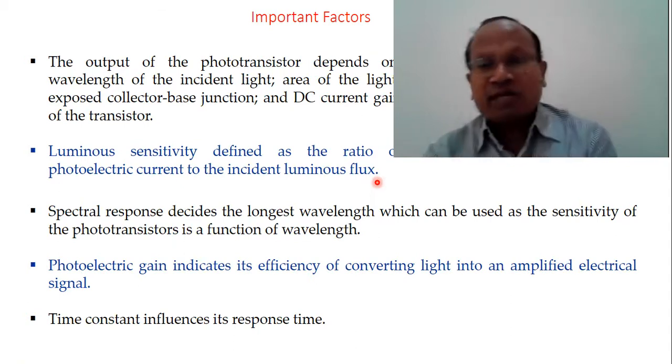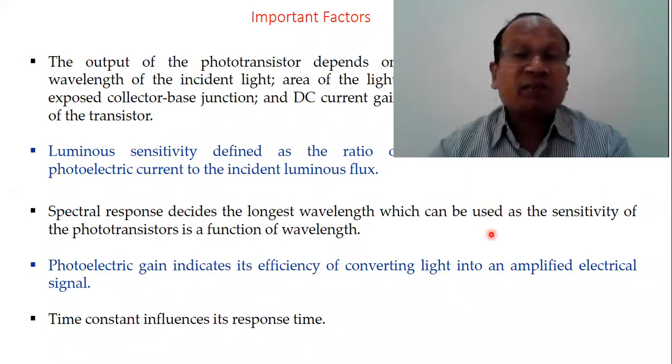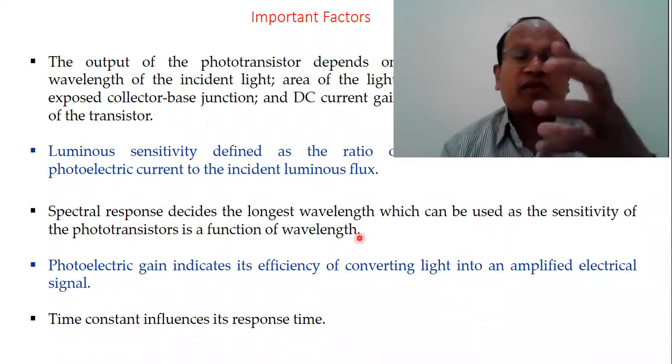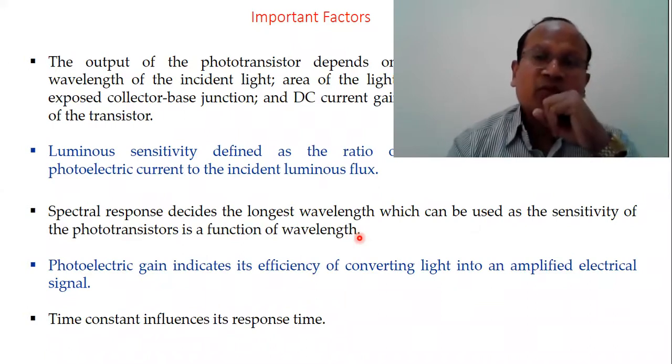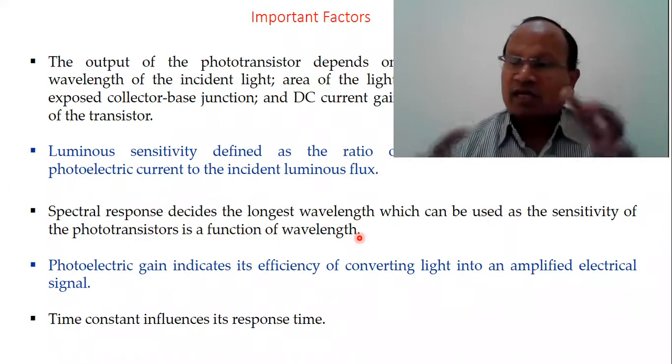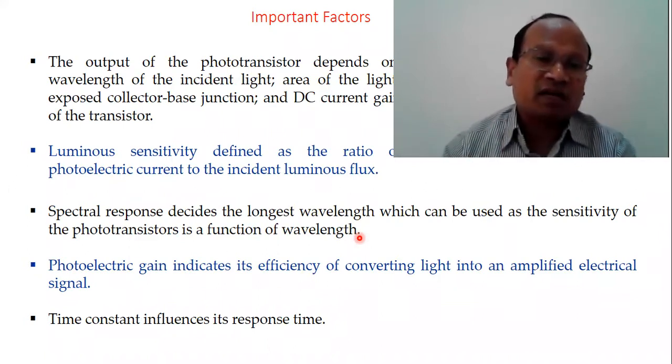There is one more parameter called spectral response, which determines the longest wavelength that can be used, the sensitivity of the phototransistor as a function of wavelength. So wherever we get the longest wavelength range where the sensitivity is good as far as detection of wavelength and responding is concerned, that's called spectral response.